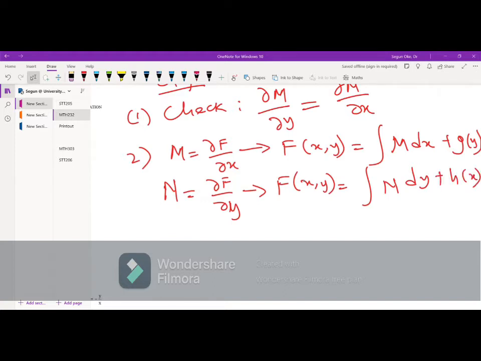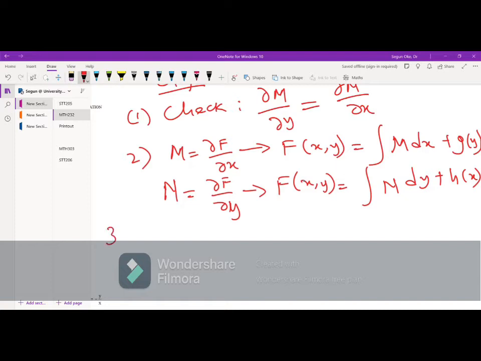So if I'm using M, I'm going to add a function of y. If I'm using N, I'm going to add a function of x. That is, if I'm integrating with respect to x, I will add y. Anytime I'm integrating with respect to y, I will add x. So please take note of that too.